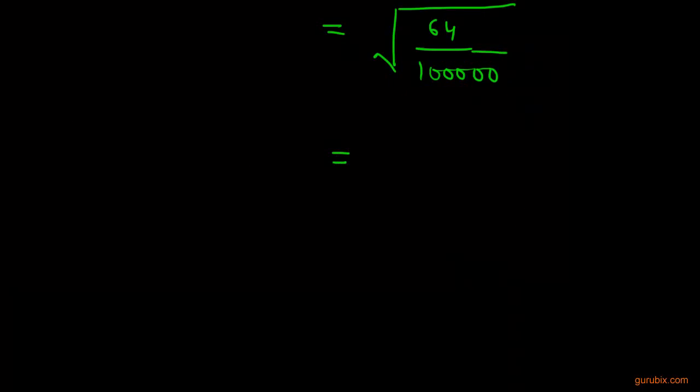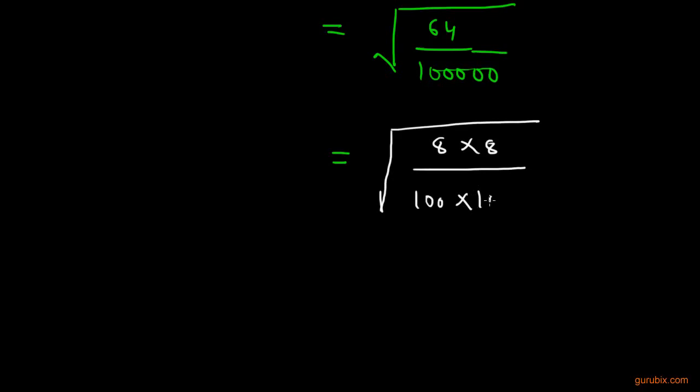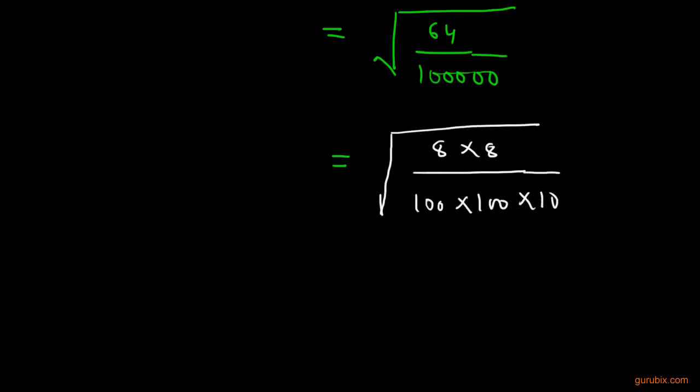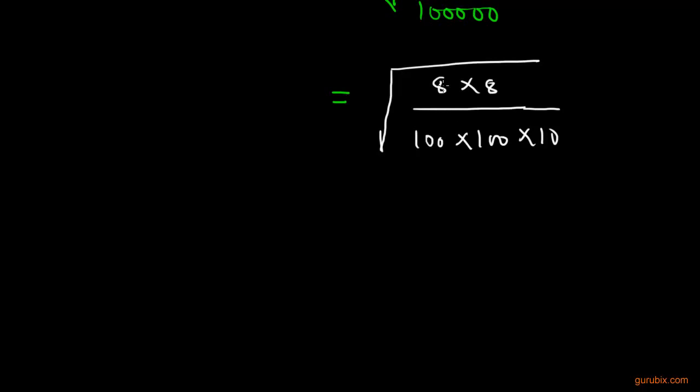We can factorize this 64 like this: 8 into 8, and this 1 lakh like this: 100 into 100 into 10. So we can take out 8 from this pair and 100 from this pair from this radical.